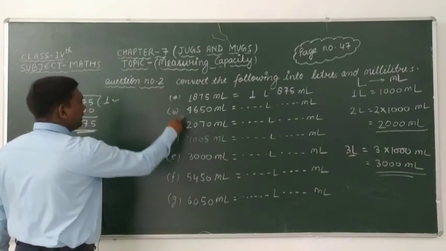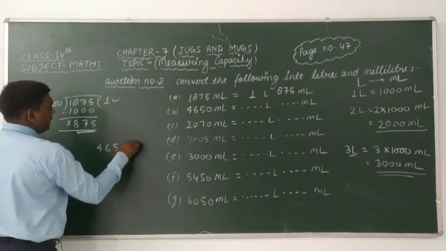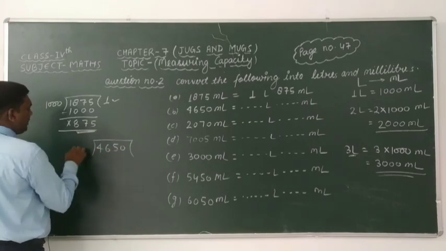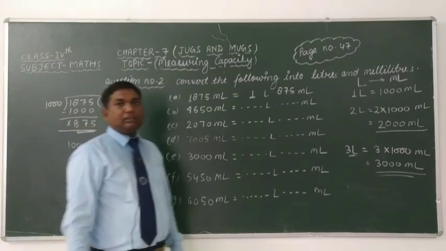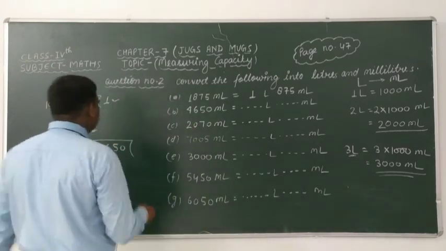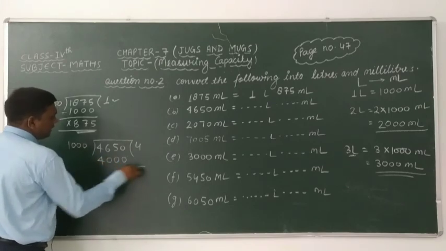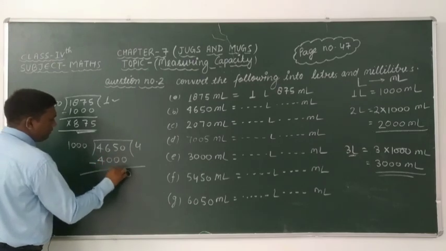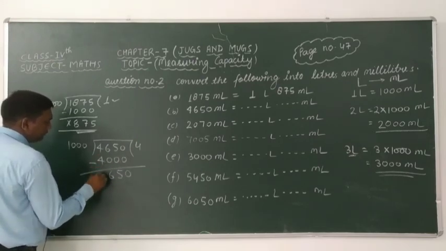Look at here carefully. Here given that 4650. If we divide 4650 by 1000, okay, recall table of 1000, 1000 4 ja 4000. After subtracting these, here we get 0 minus 0 is 0, 5 minus 0 is 5, 6 minus 0 is 6, and 4 minus 4 is 0.